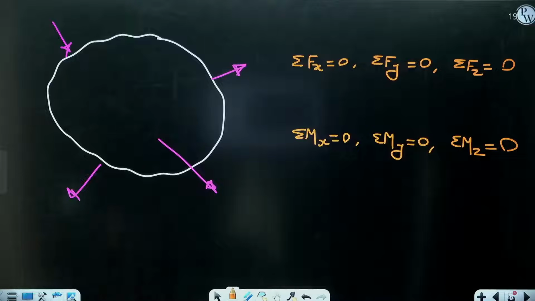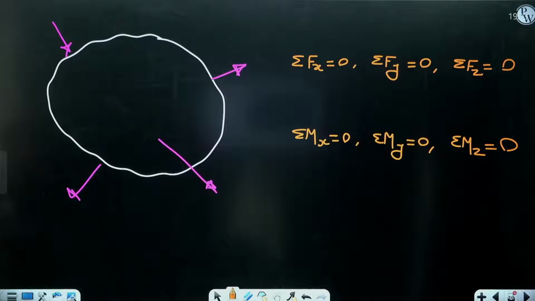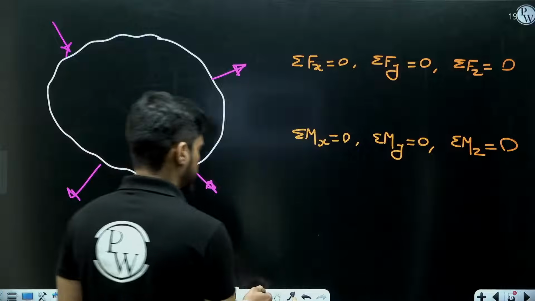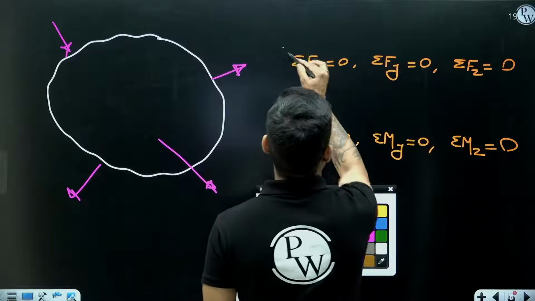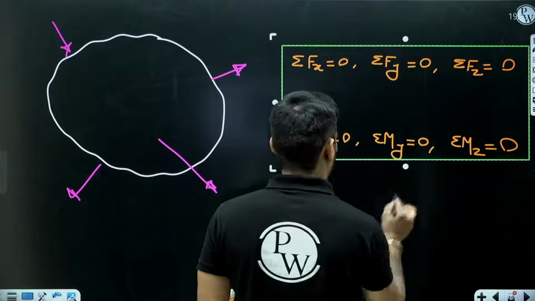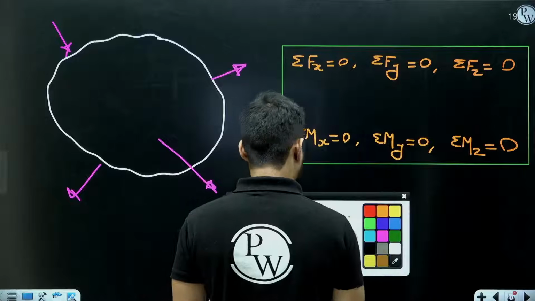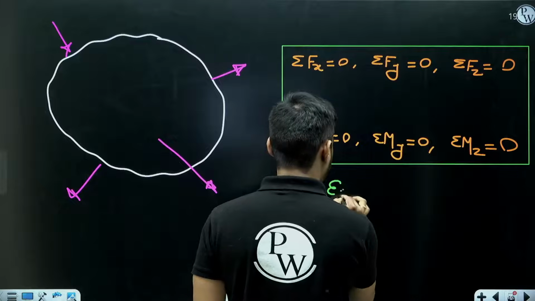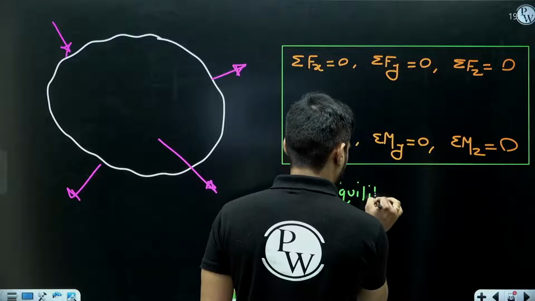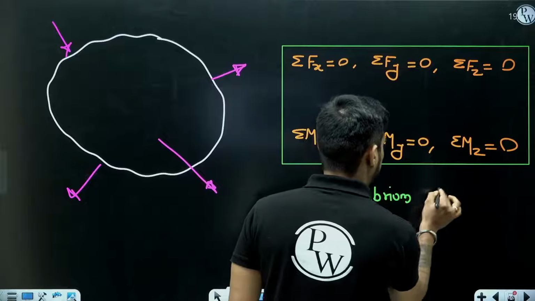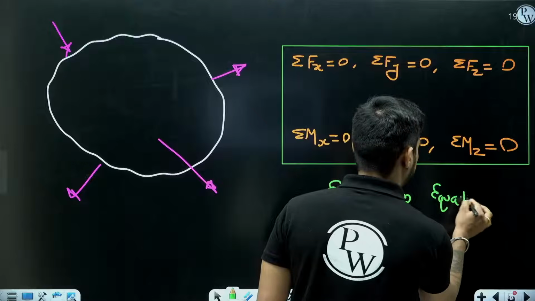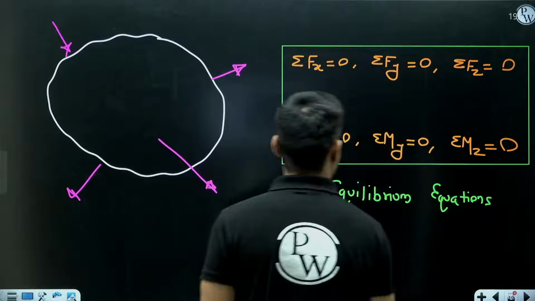So we have these 6 mathematical relations. These mathematical relations collectively are known as equilibrium equations. What do we mean by equilibrium equations? Understand, very important.